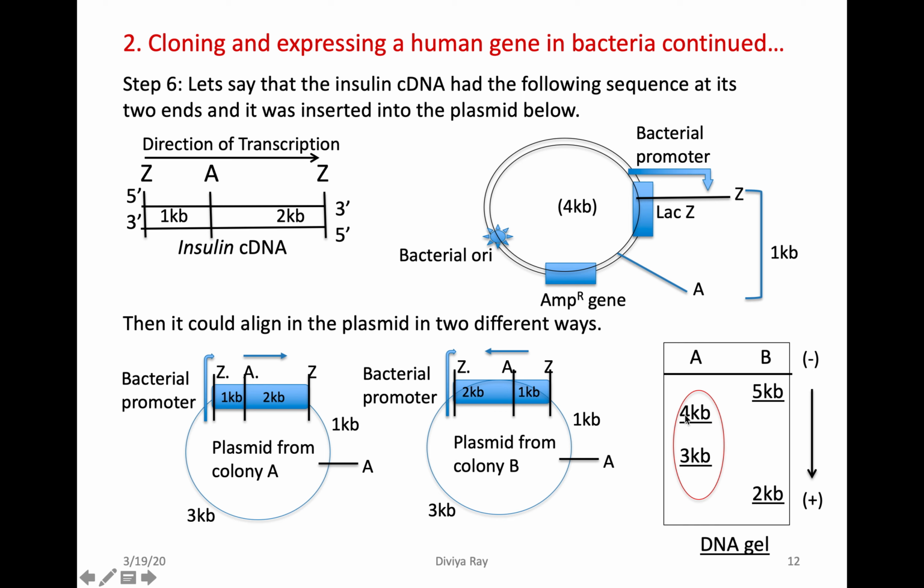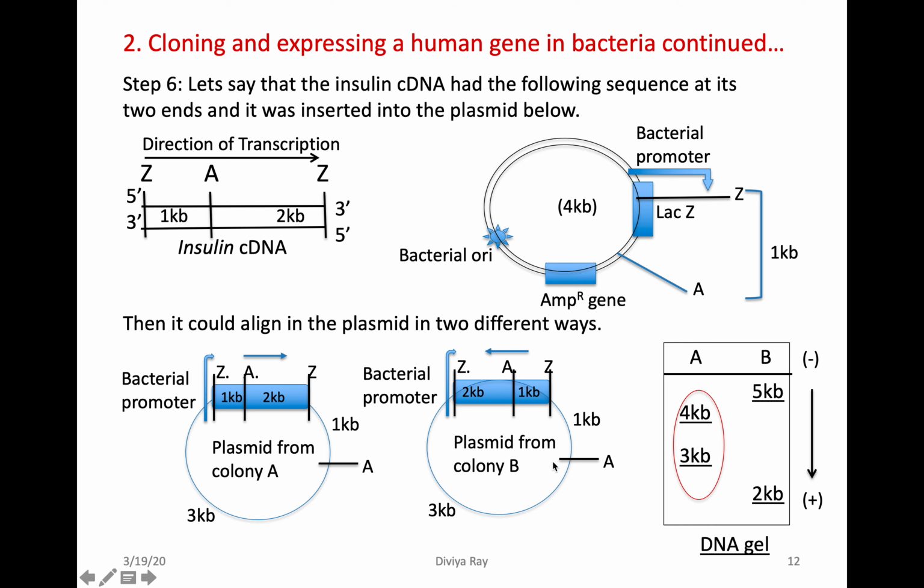If you get the fragments of this size, you know that this is the orientation of your cDNA insert in the plasmid, and this is the right orientation with respect to the bacterial promoter. So the colony that has the recombinant plasmid with the cDNA in this orientation will be expressing the cDNA, and you will be getting the protein corresponding to that cDNA.